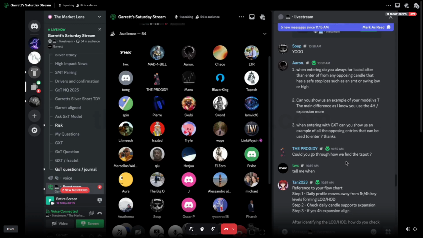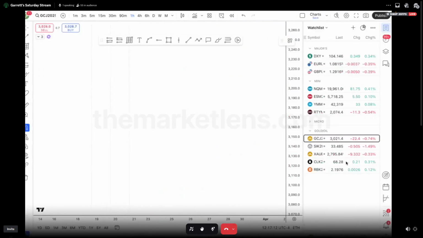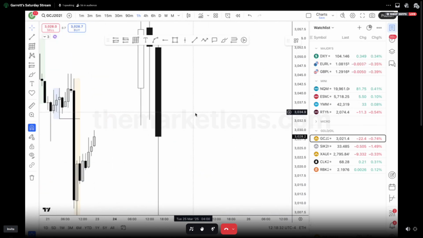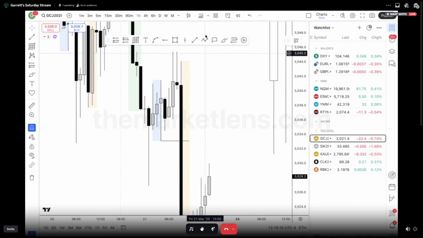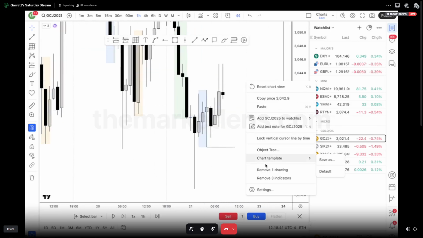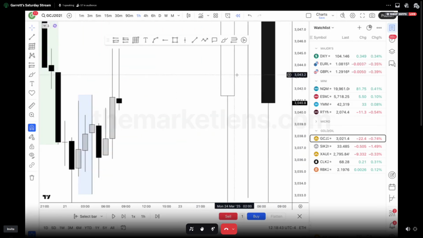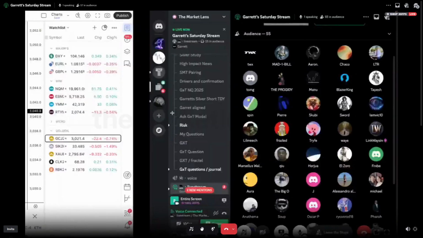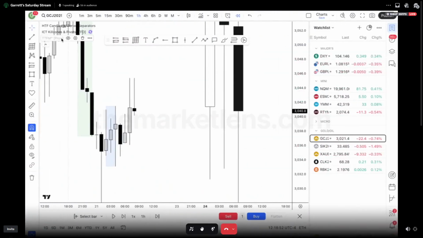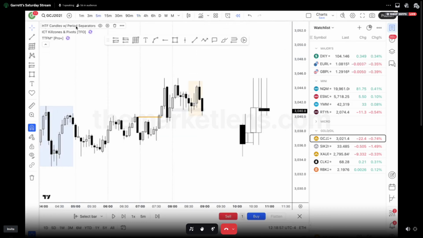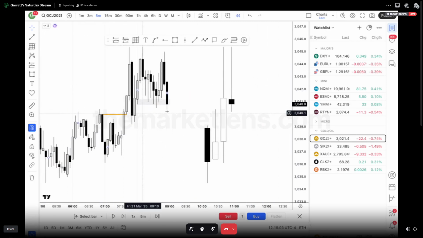Can you go through how to find T-spot? Yeah, I don't use T-spot, but I'll show you how to do it, if I remember. Shoot, I don't even know if I remember, to be honest. I think it's something like this. I don't use it, but if I pull up the indicator, I could figure it out real quick. If I even have it on. Hold on. I have to turn bearish on.